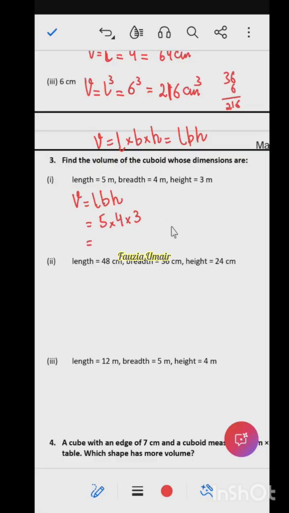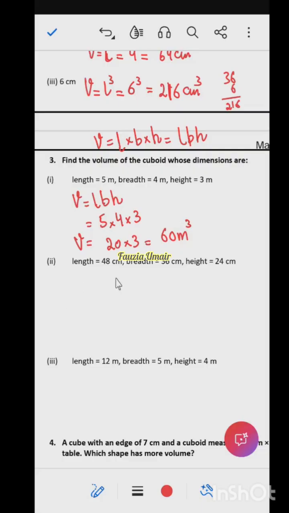Yes, ma'am. All right. So 5 into 4 into 3. What is 5 fours? 20. Now 20 multiplied by 3 is 60. So unit क्या होगी? Meter cube. ठीक है? Volume is always having cubic units.